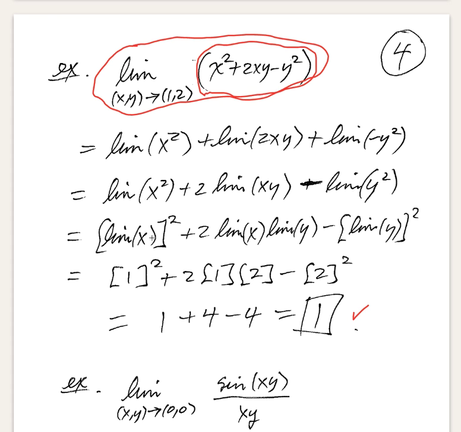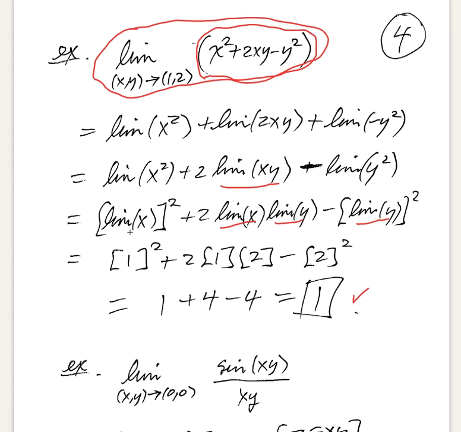The limit of a product is a product of the limits, so that means it holds for powers, right? For natural powers at least. And then I broke down the limit of xy equals the limit of x times the limit of y, and broke this down into a square. What's the limit of x as (x, y) approaches (1, 2)?